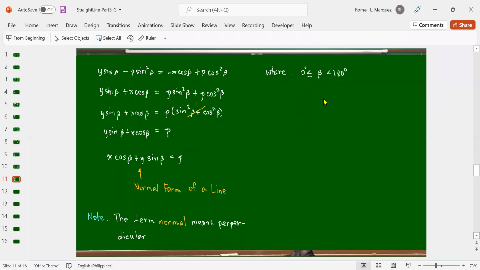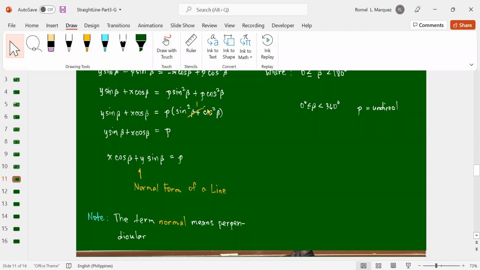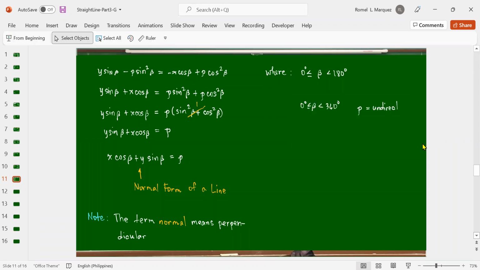If P is not directed, then beta is supposed to be between 0 and 360 degrees, including 0. But P here, if this is the restriction, is undirected. Clear, guys? We have a reason why we choose the directed orientation for P: it is easier to use, especially when solving problems. Okay, guys?